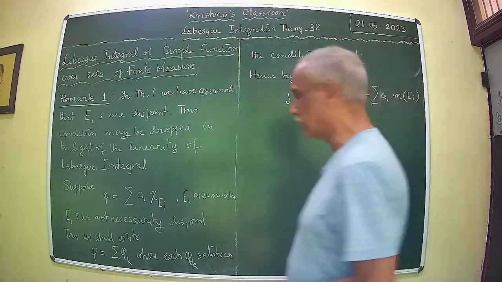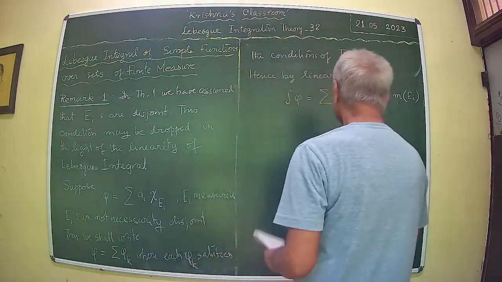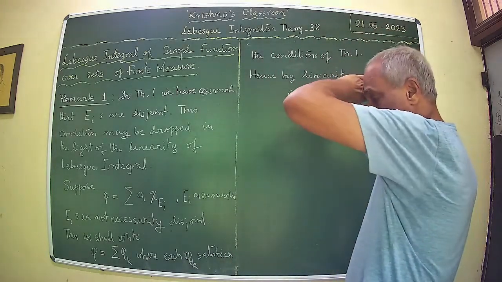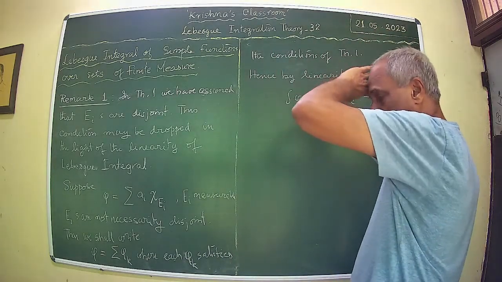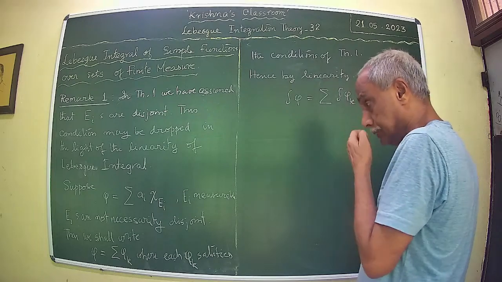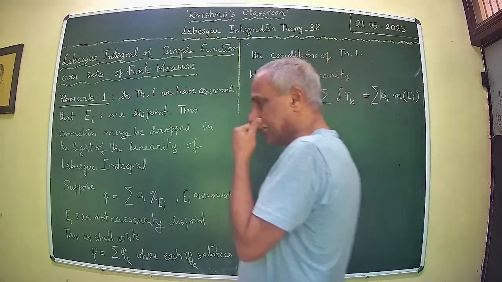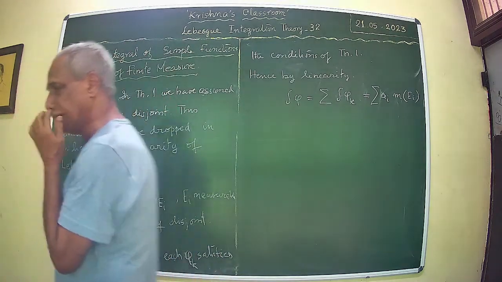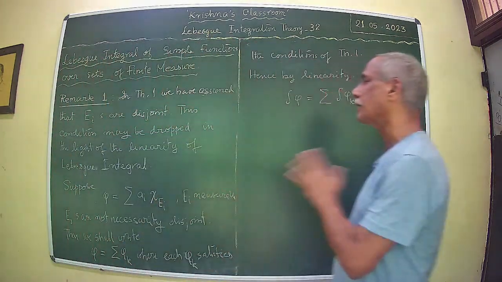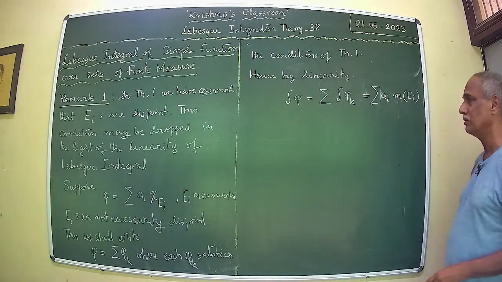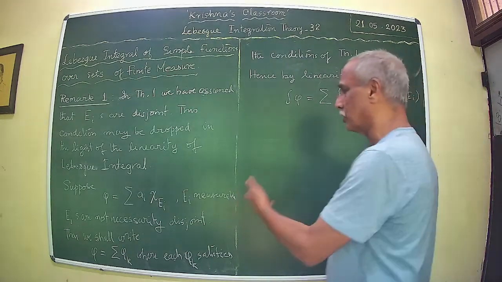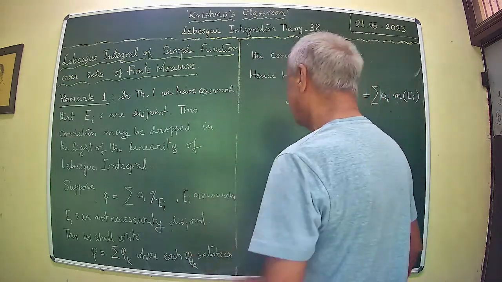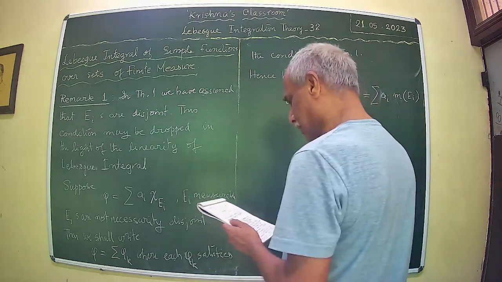You can try to work it out. So what we have done is, we started with the basic assumption that all the Ais are distinct. At the first stage, we dropped that assumption, still retaining the fact that Eis are disjoint. And at this stage, we are dropping even that assumption, so the Eis are not necessarily disjoint.